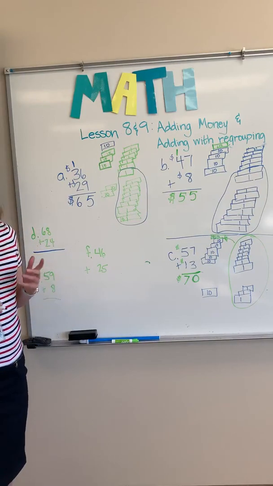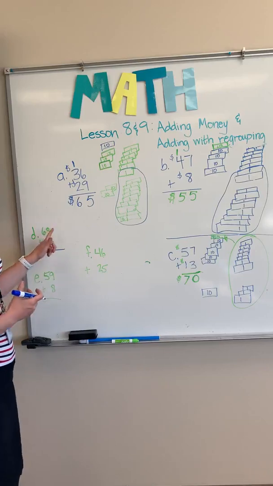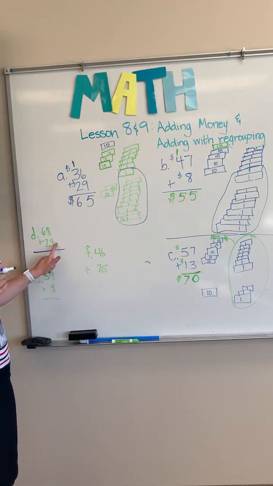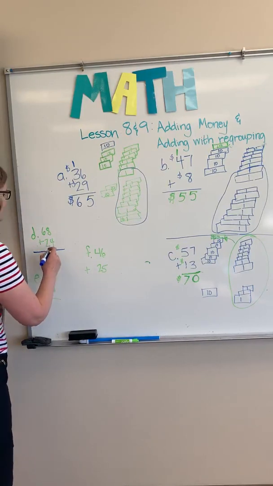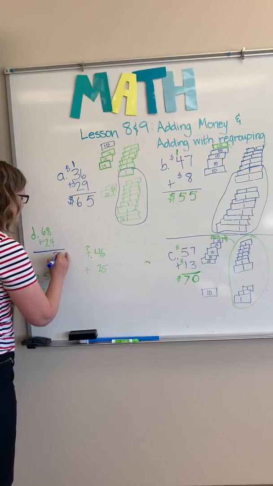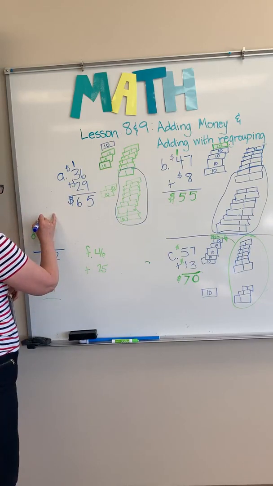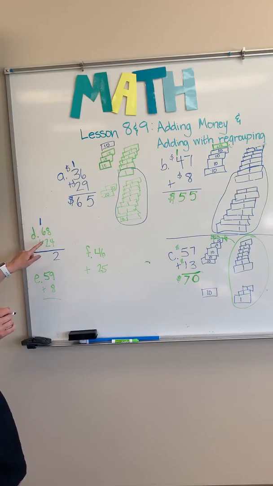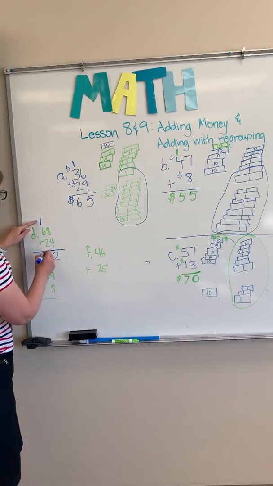And this is where it's really good that you know your math facts. 8 plus 4, I know, is 12. 12 is a bigger number than 9. So I'm going to put my 2 here from the 12, and I regroup and put my group of 10 over in the tens section. 2 plus 6 is 8, plus 1 is 9.